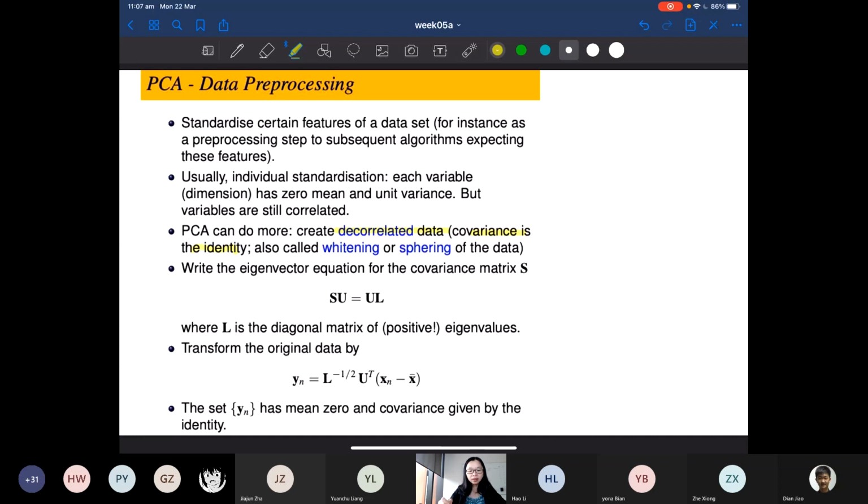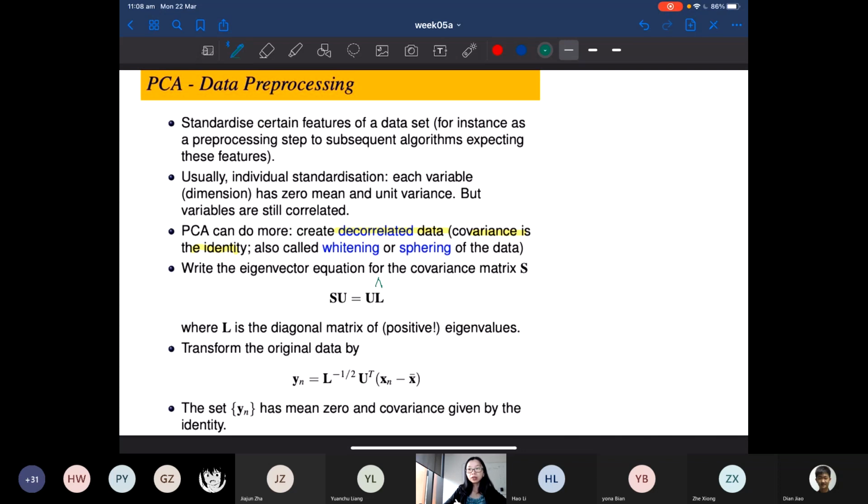This is quite important. Why this is the case is that, recall the eigenvector equation, right? S times U equals U times, well, they use a different notation again. So L is basically lambda, the big lambda a few slides ago.